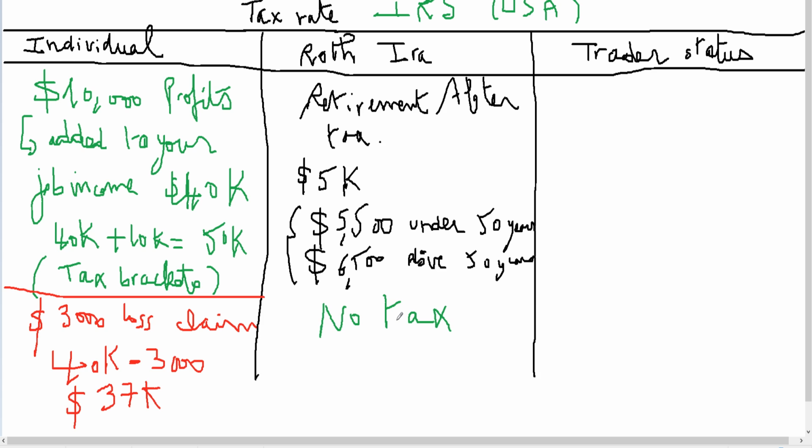But here, since it is retirement, you don't claim and you are not taxed on all your money. Let's say each year you put $5,500. But after 10 years, 15 years, 20 years, let's say it becomes $100,000 and you make profits and so on. Understand that all this money is yours.